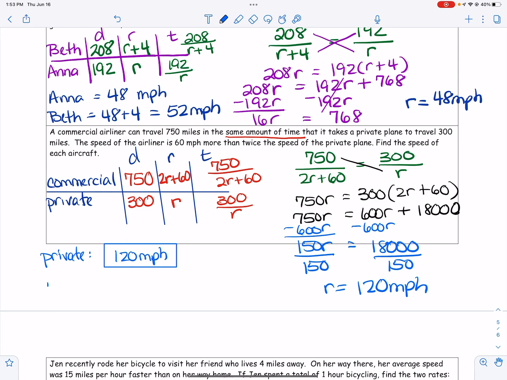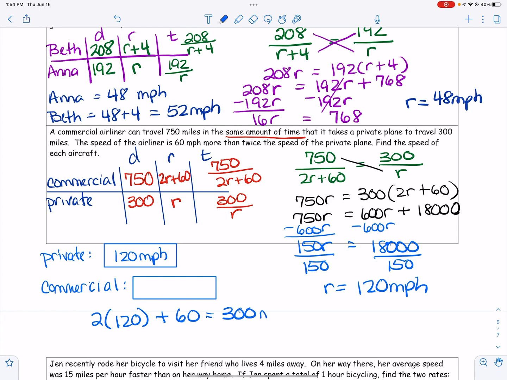And then the commercial, we have to figure out by taking 2 times 120 and then adding 60. And so that is going to give us 300 miles per hour. And that's what I would fill in for the other blank.